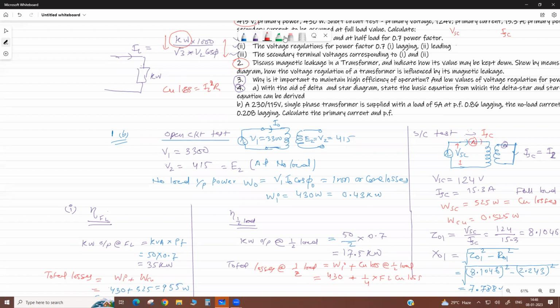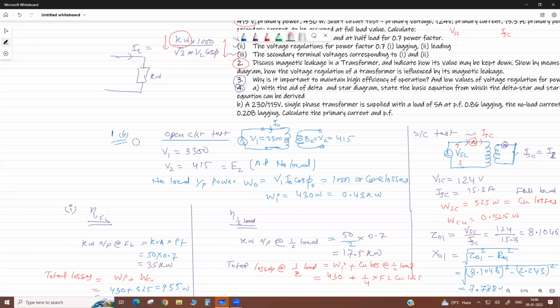Please remember, if load is half, your copper loss becomes a fourth. If the load is a fourth, then 1/16 times your copper losses. If load is double, then it is increased.